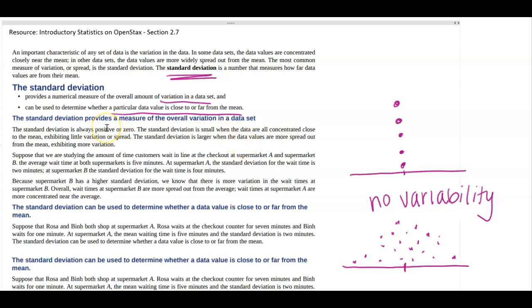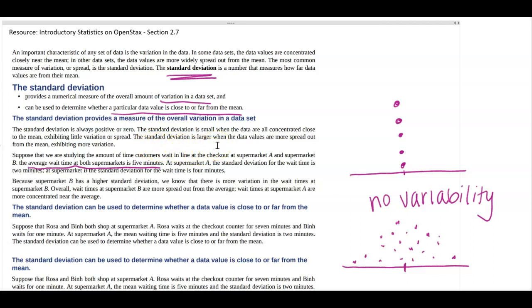There's an example here in which two customers are at a supermarket. The average wait time at both supermarkets is 5 minutes. Supermarket A, standard deviation is 2. Supermarket B, the standard deviation is 4.